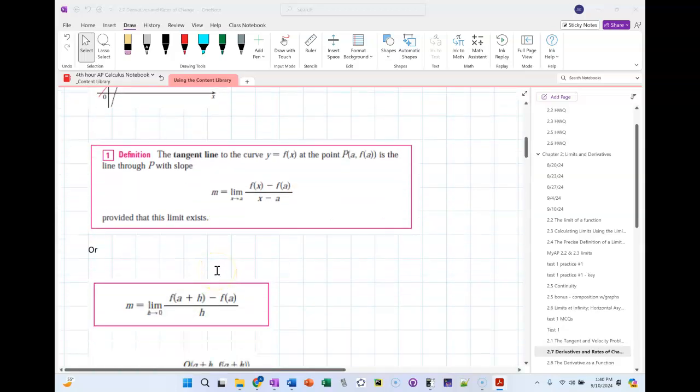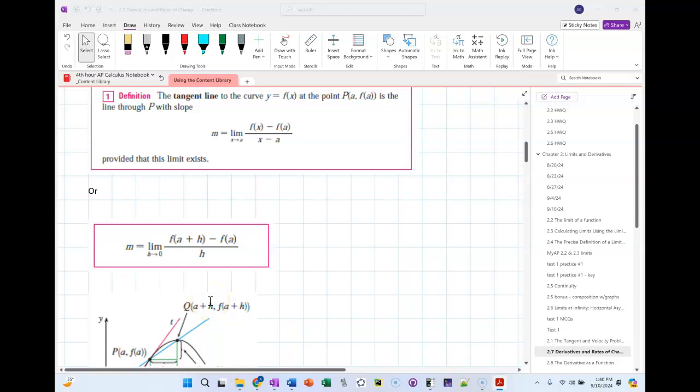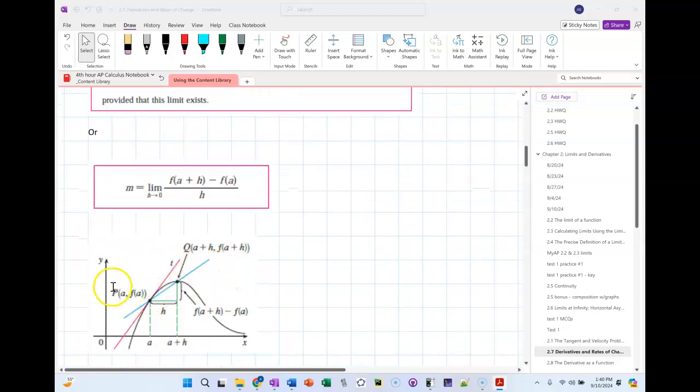Or another way to look at it, I could write it as the limit as h approaches 0 of f of a plus h minus f of a all over h. Let's see why that form is equivalent. So let's say here is my P. Here is my point Q, that's just some distance h away from a, right?